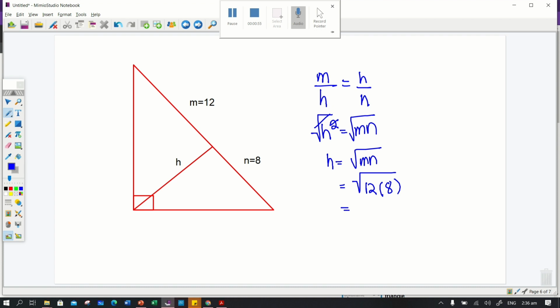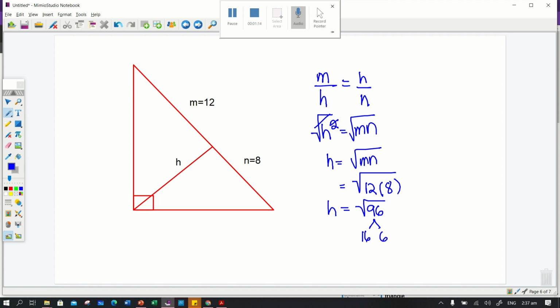And what is the product of 12 times 8? That is equal to the square root of 96. And then from here, we simplify the radical. So the square root of 96 is the same as the square root of 16 multiplied by 6.